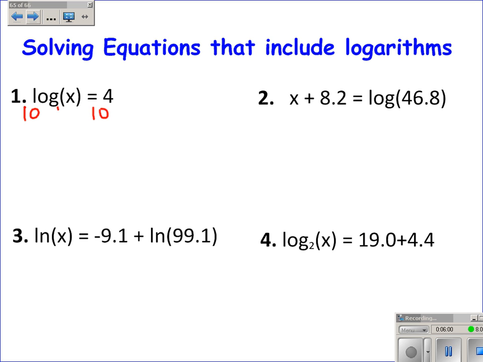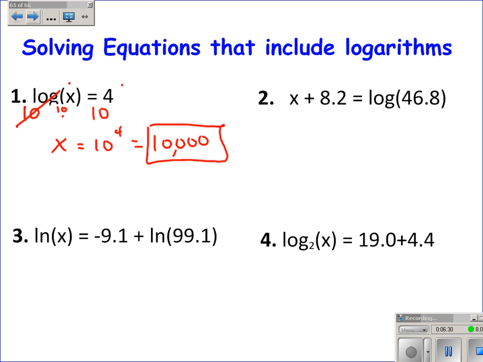Okay, and keep in mind that if this number is the same as the base of your exponent, these will cancel out, and I'm left with x is equal to 10 to the fourth power. Okay? Another way of thinking of that, probably a better way, is that 10 to the fourth power is equal to x, and so x is 10 to the fourth power. Okay? Which is 1 with 4 zeros. Okay? So 10,000 is the answer.